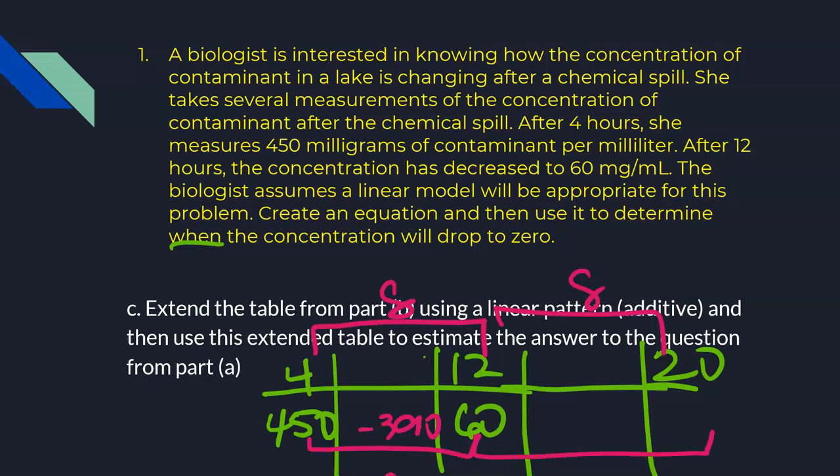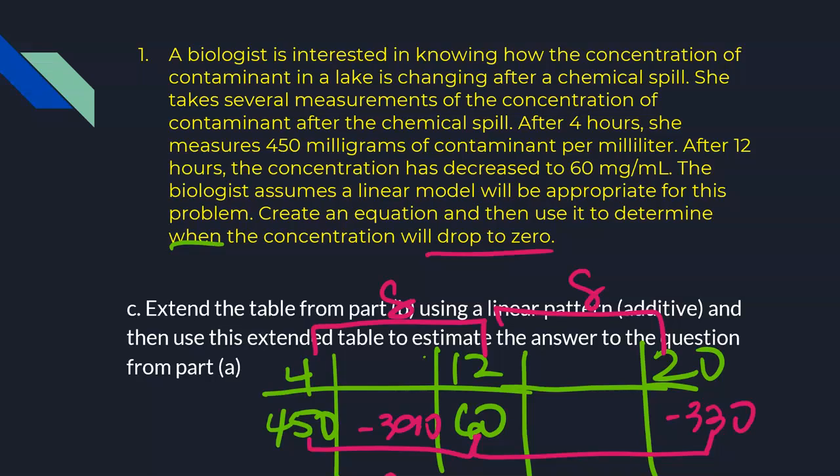If we subtract 390 here, the change in y, this will be negative 330. But we want when the concentration will drop to 0. So definitely it's between 12 and 20.